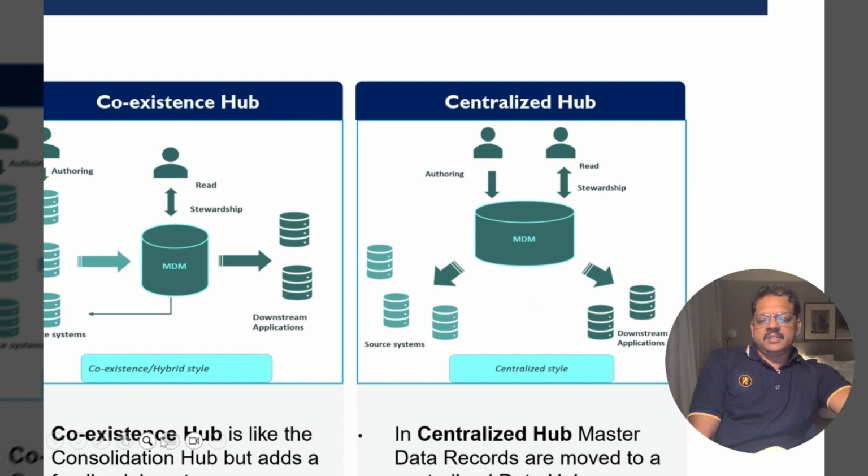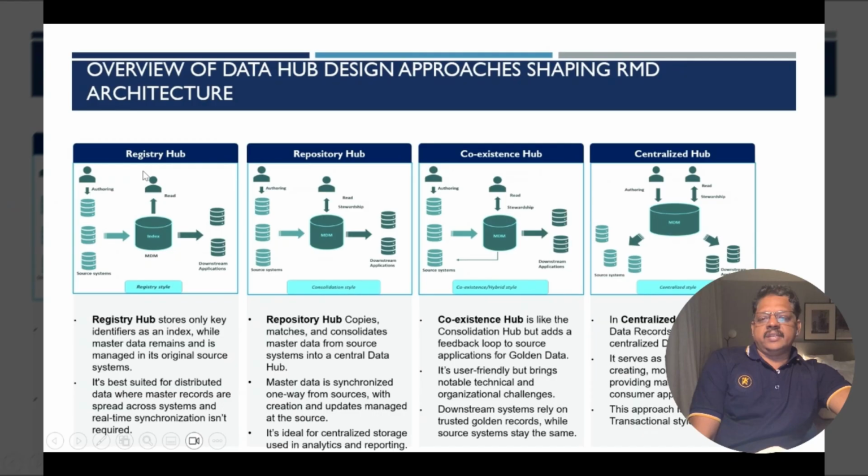So we have four types of hub. One is a registry, where we are just using an index, but the actual data lies in the source itself. Then we have the repository, where we are collecting data from sources and keeping a repository, and the downstream applications use it from there. Then we have the coexistence hub, where you bring data from the source to the hub, and again there is a loop back to the source systems.